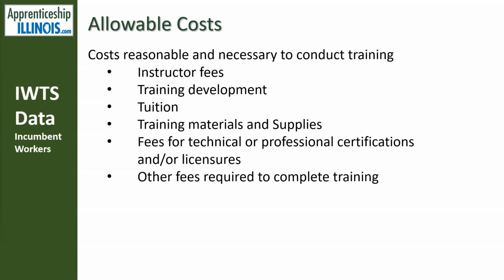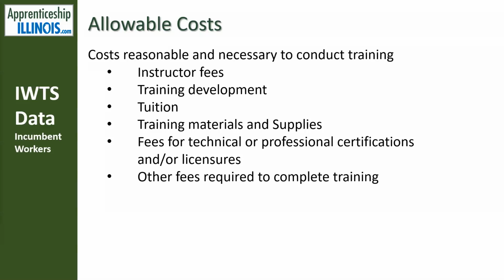I do encourage you to go look at the policy letter because there are some nuances to, like, instructor fees and some of these other things, but by and large, if it falls into this area, it's okay. The thing to keep in mind is that the cost is for extraordinary cost to the company, okay?